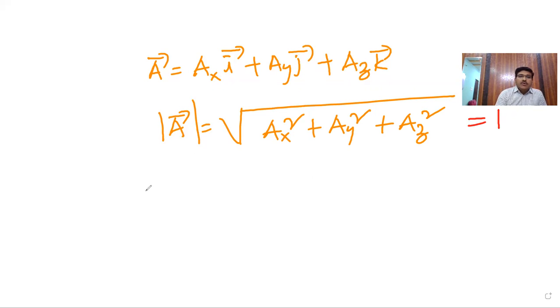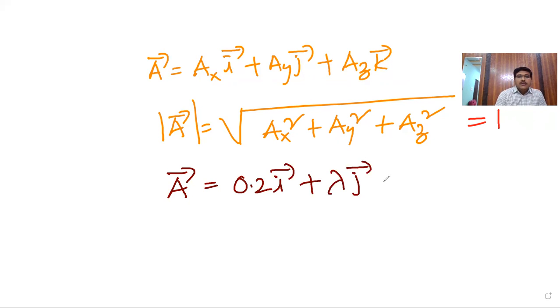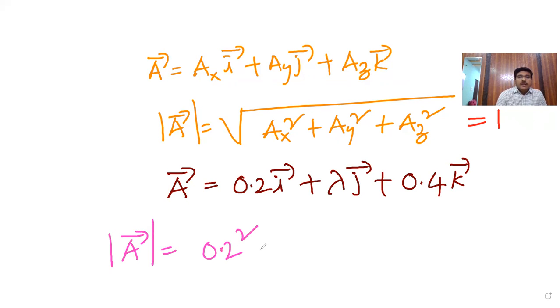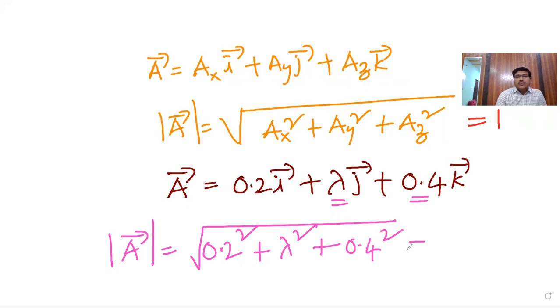Applying the same to the above vector: a bar is 0.2 i bar plus lambda j bar plus 0.4 k bar. So the modulus of it is the square root of 0.2 square plus lambda square plus 0.4 square, which is equal to 1.